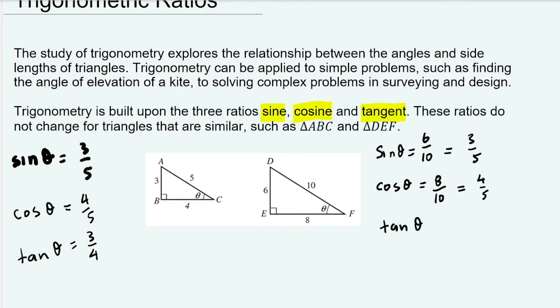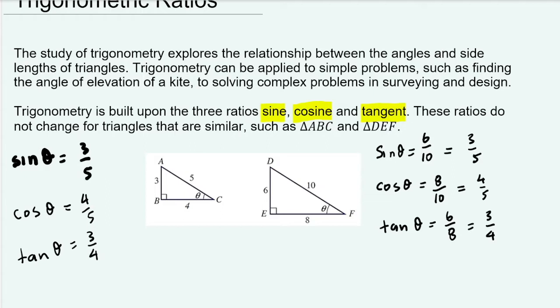And then tan theta is going to be 6/8, which will come out as 3/4. So you can see that it does not matter how big the triangle is. If they are similar triangles, those ratios are going to be the exact same.